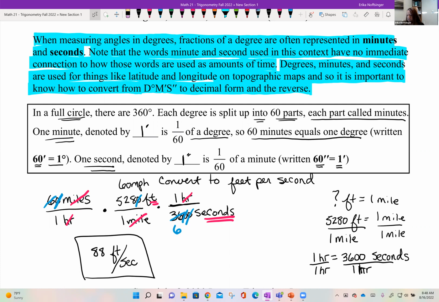And so we're going to use this fact that 1 minute is equal to 1 over 60 degrees, or 60 minutes is 1 degree. And 1 second is equal to 1 over 60 minutes.